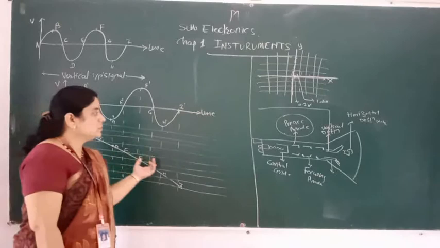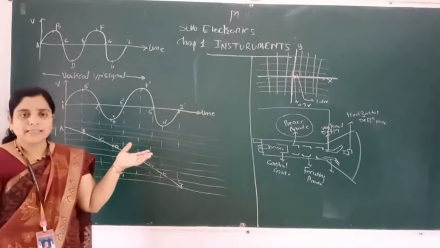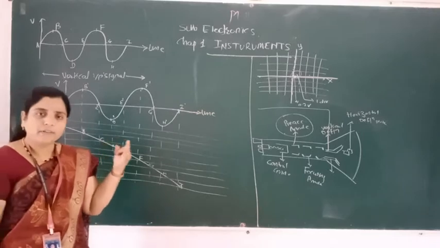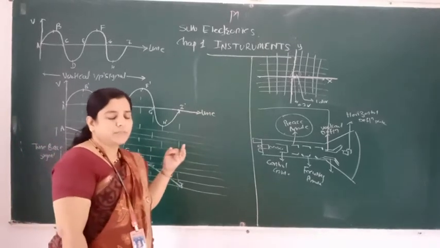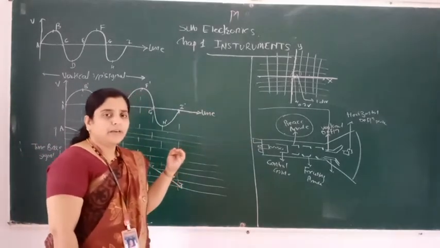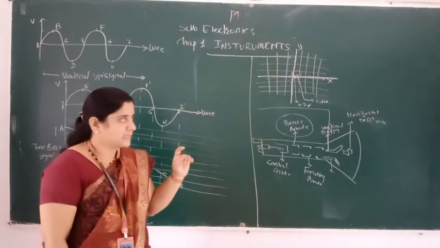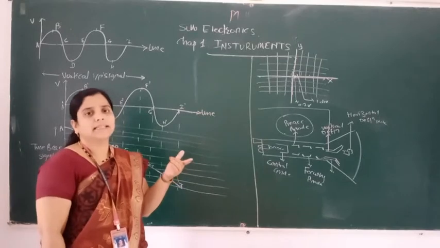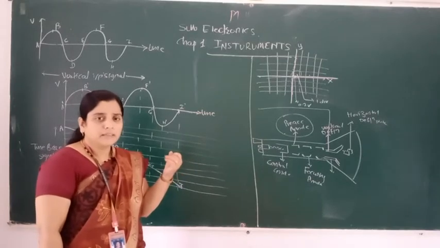Okay, so there are 2 important points. If DC input is given, the spot is observed, and if AC input is given, then our spot will be movable according to the frequency of the AC signal. It will move to the left side and to the right side. Then what happens?